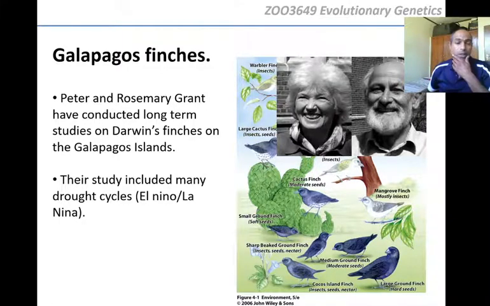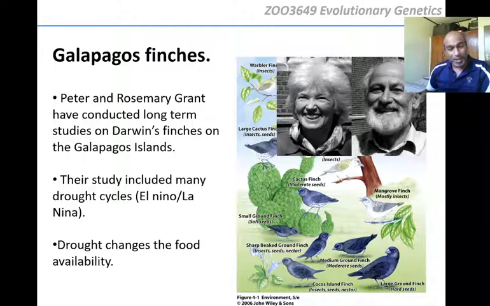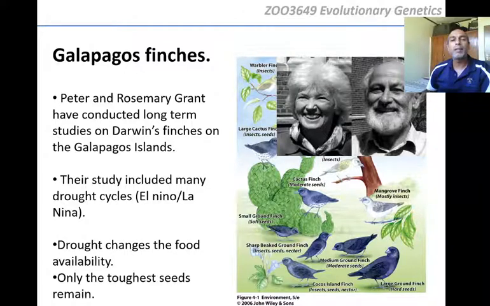So they had a long-term study of 30 years or so, and because it was long-term, it had droughts and wet cycles. Okay, it had many drought cycles during that period. What the droughts did, it changed the kind of food that was available on the islands. Okay? On the islands, only the toughest seeds could remain and survive that drought.